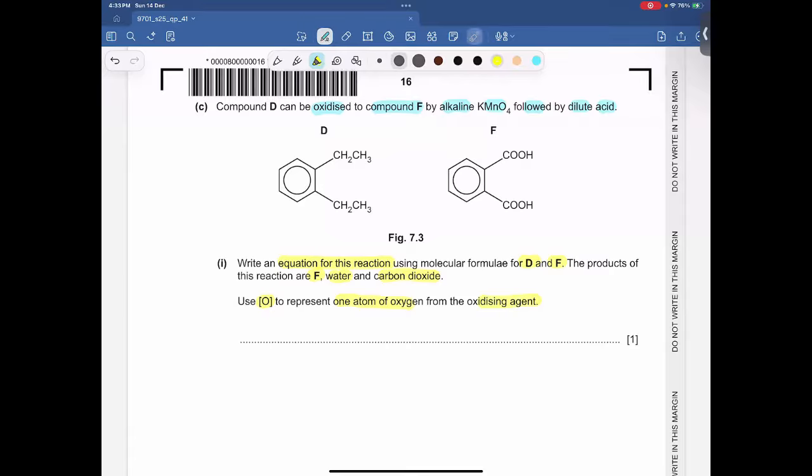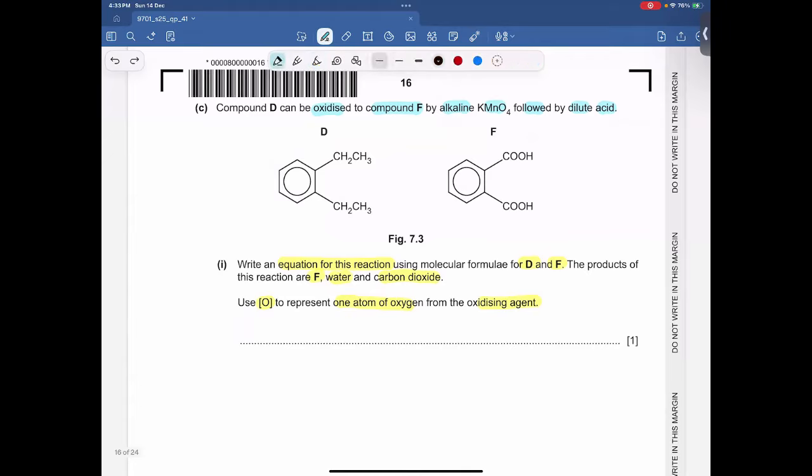Okay. Let me count carbon atoms: 1, 2, 3, 4, 5, 6, 7, 8, 9, 10. We have 10 carbon atoms. Let me count hydrogen. 3 plus 3, 6, 6 plus 4, 10, 10, 11, 12, 13, 14. 14 hydrogen atoms. Okay.